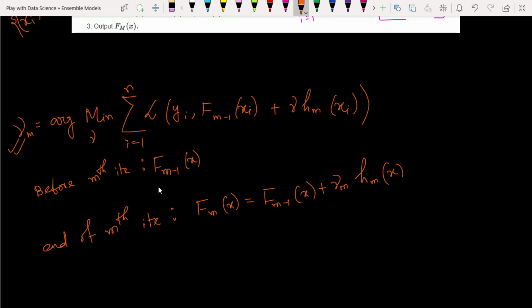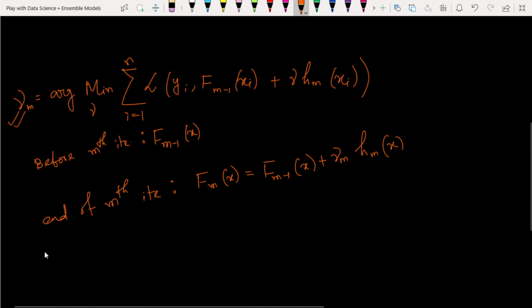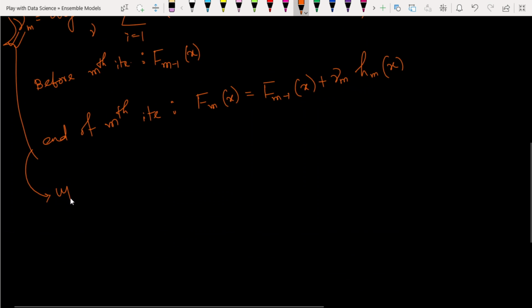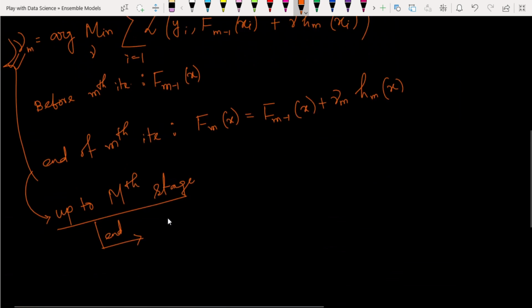iteration. Okay, we just continue doing this job up to the mth stage. So at the end of the day, at the end of the m stage, what have we finally got?